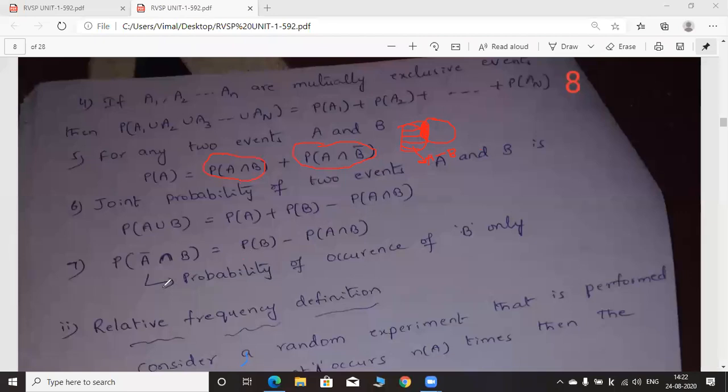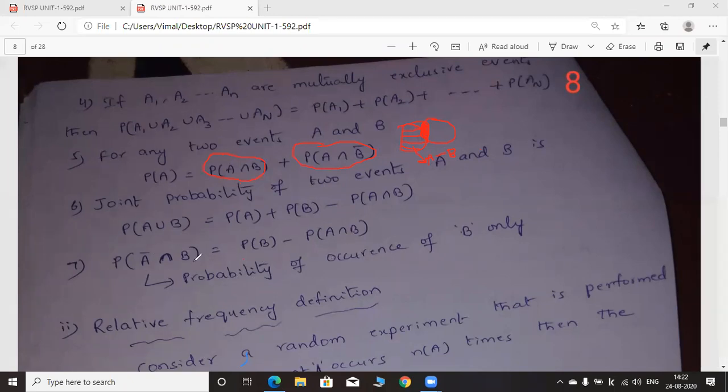A bar intersection B. Here, A bar means complement of A. Complement of A means in this particular area, there is no area which belongs to capital A. So A bar intersection B means probability of occurrence of B only. Already I have written one sentence here.